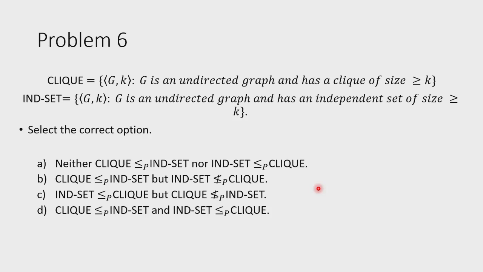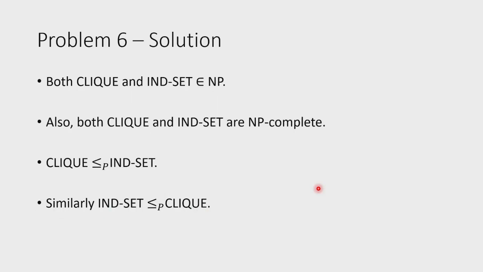Okay, if there are no guesses, let me tell you the answer. It is D, and the reason is the following. You would have seen in the class that both clique and independent set are in NP. Has this been covered in the class?